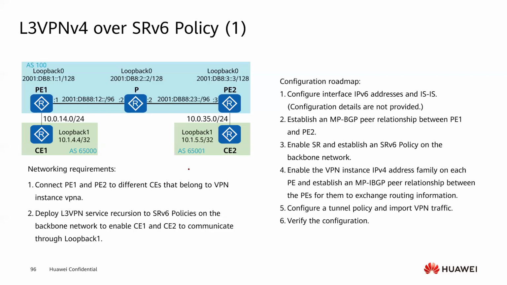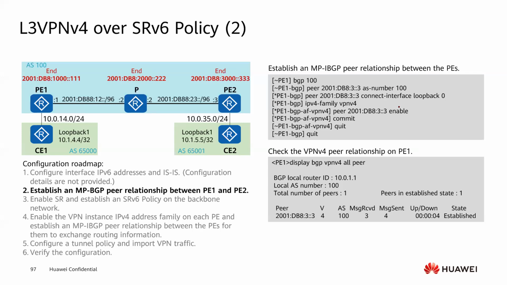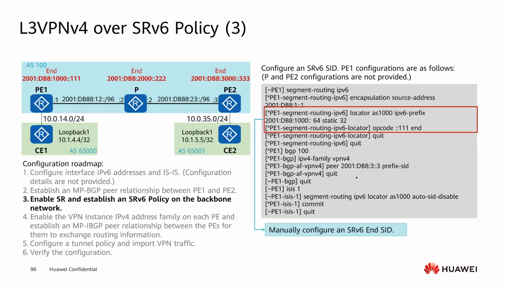So for the policy, it is similar. We also need to set the VPN v4 neighbor, and set the locator at the PE.